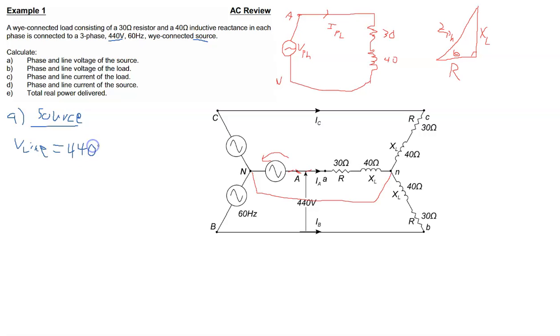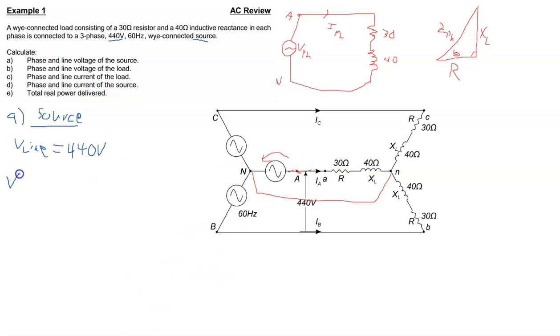Now, with respect to what we covered last class on ratings, that's what industry tells us to do. You go to the nameplate, or you walk over to a panel, and that's a three-phase panel, and it tells you it's 440 volts. That's to be interpreted as line voltage.